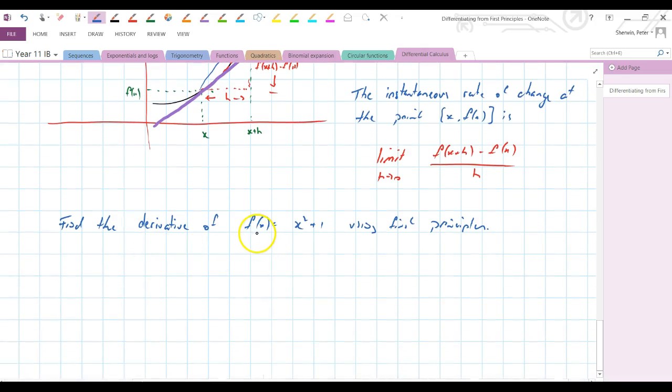The derivative of f of x is f dash x. So f dash x will equal the limit. It's like a new language. The derivative of f of x is f dash x, that little dash there.